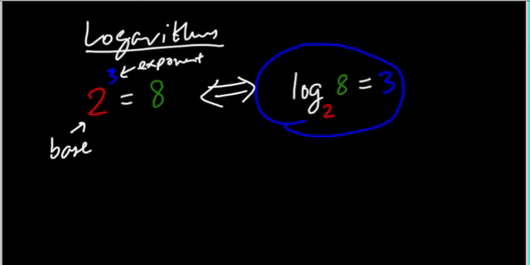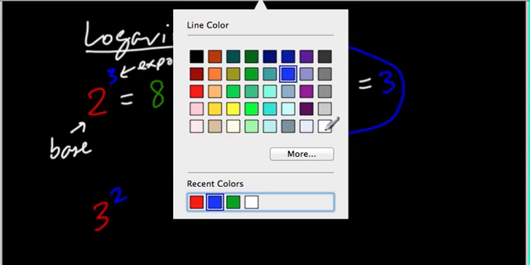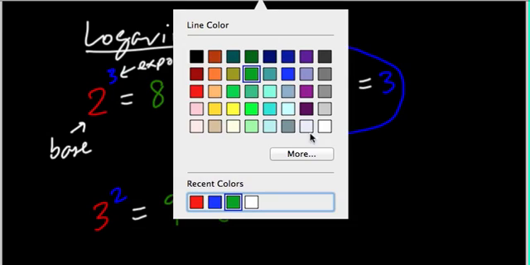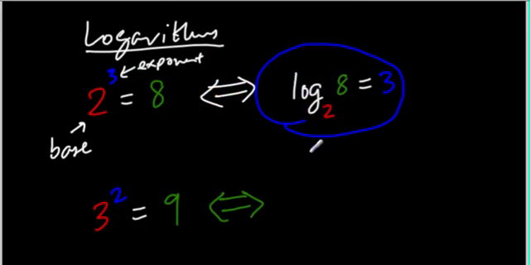So let's try another one, using the same color scheme. We have 3, which is our base, to the power of 2, which is equal to 9. The way I correspond with logarithms is I'm going to write log, and it's going to be base 3 because this is 3 right here.